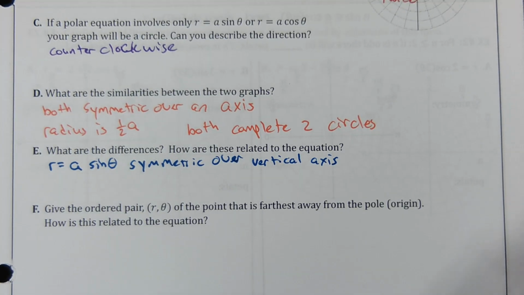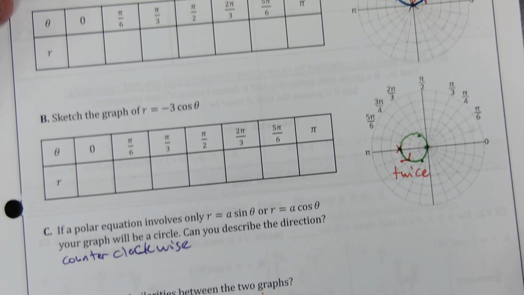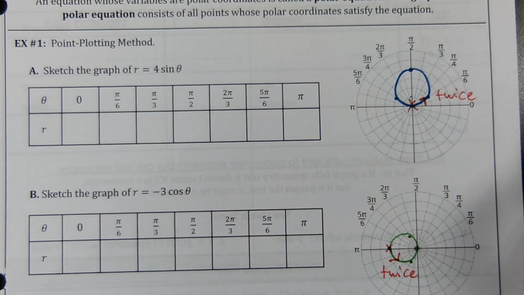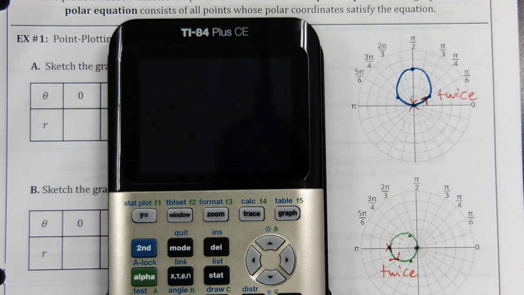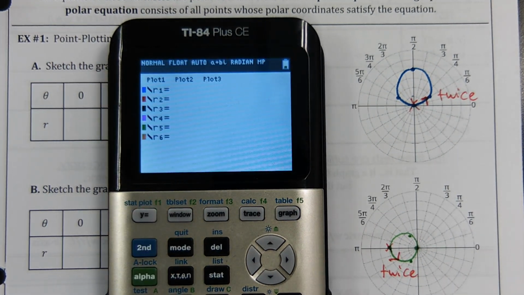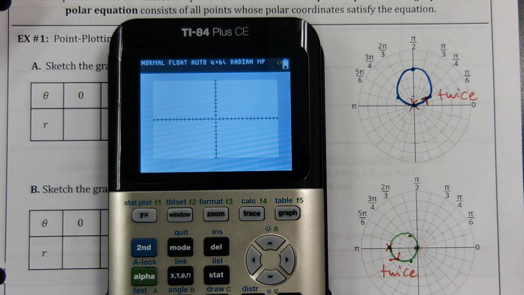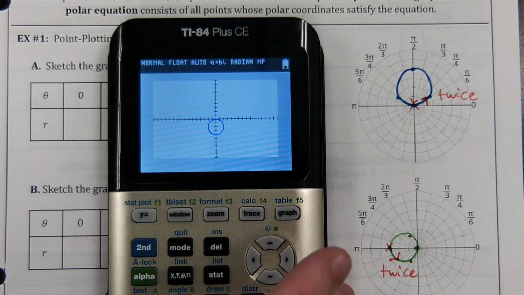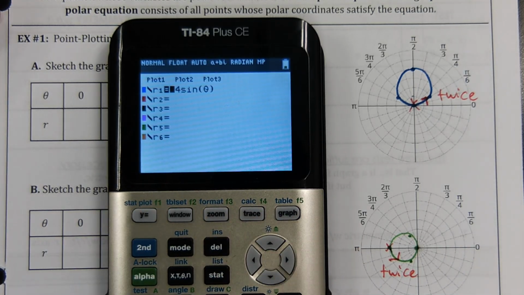So what do you think the negative would have done if I had made the 4 negative? Negative 4 sine of theta. How about that? What if I had made it positive 3 cosine of theta?